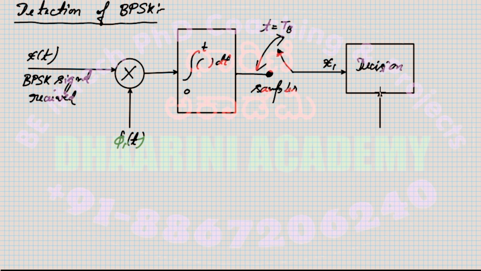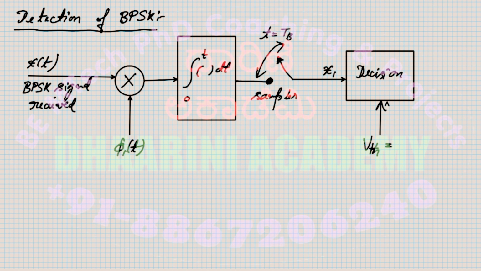That value will be passed as a threshold value, which we call V threshold. From the constellation diagram, it is very clear what the threshold value is.